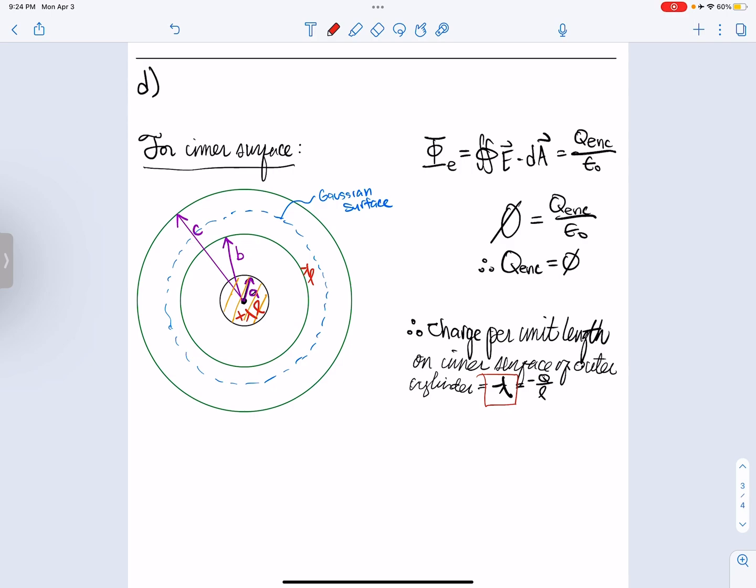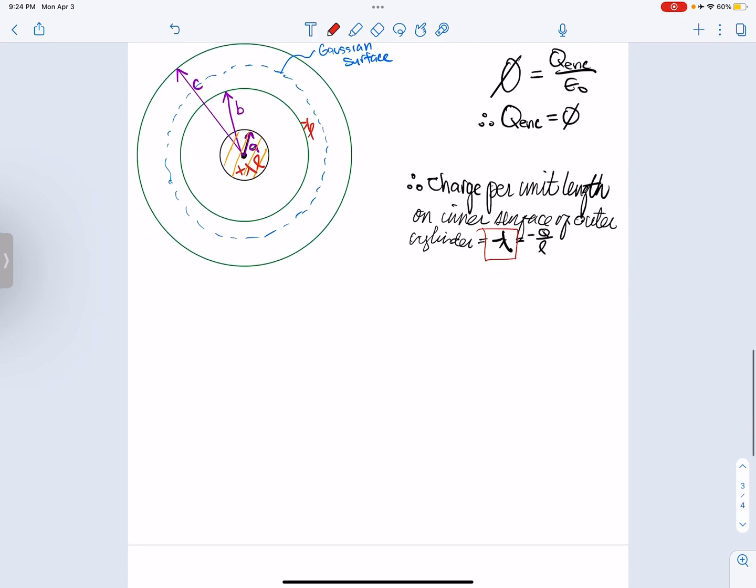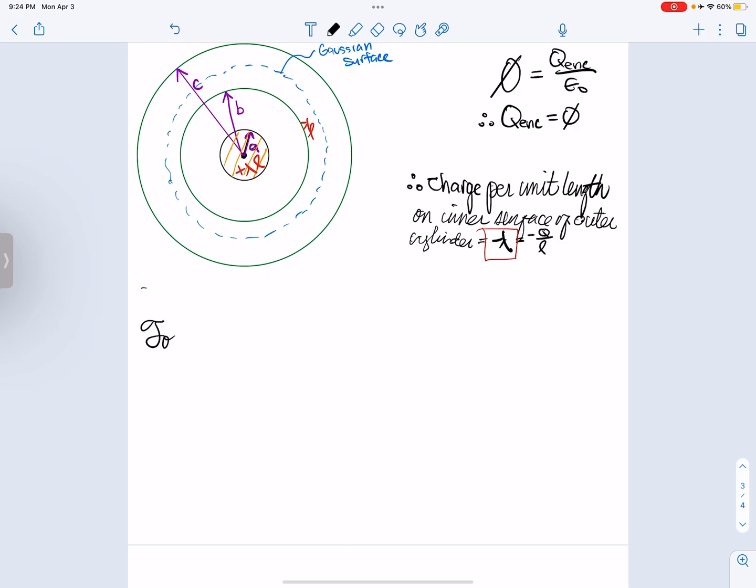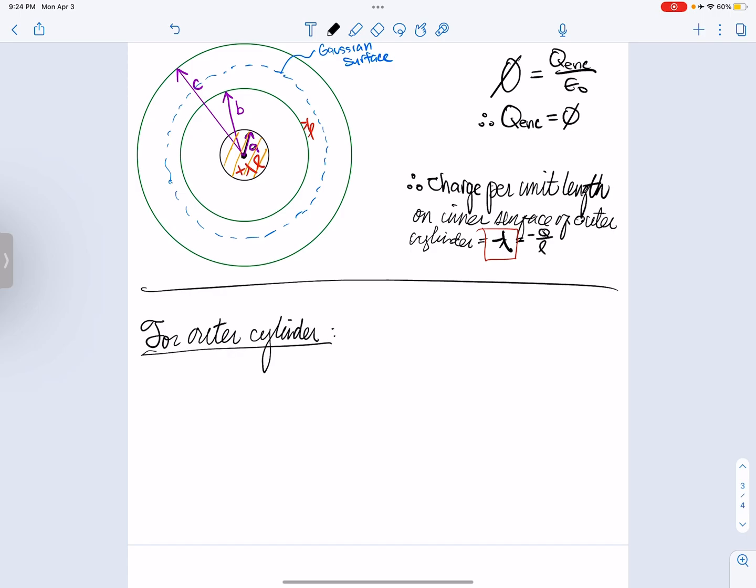Now, we also have to find the charge per unit length on the outer surface of the outer cylinder. So I'm going to draw that again. For the outer cylinder, it's going to look like this.